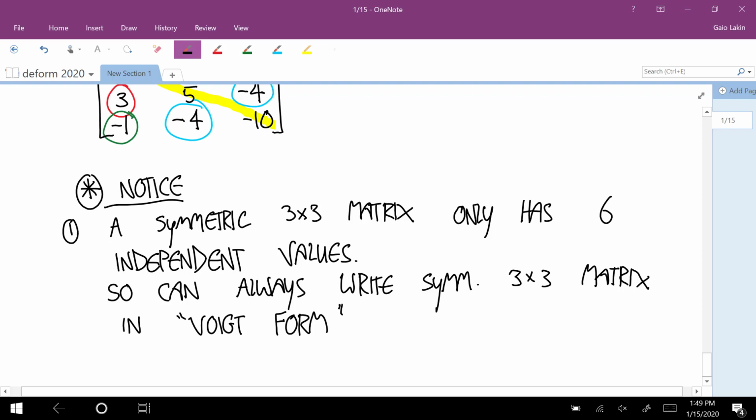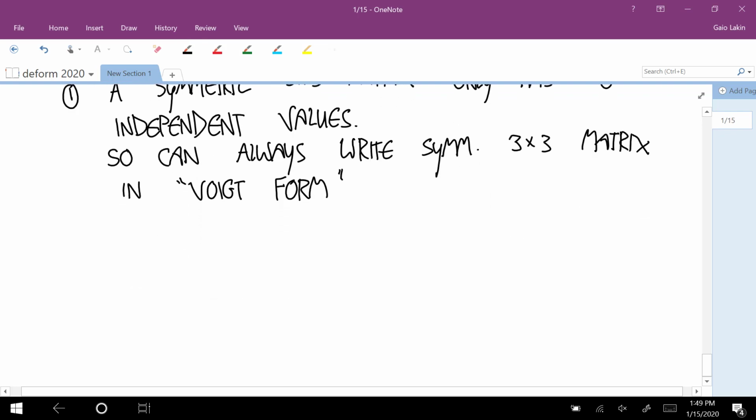And Voigt form looks like this. So if you have a matrix, let's call it A11, A12, A13, and let's say it's symmetric, so even though this is the 2,1 element, I'm going to call that A12, then A22, A23. And this one, because of symmetry, is A13.